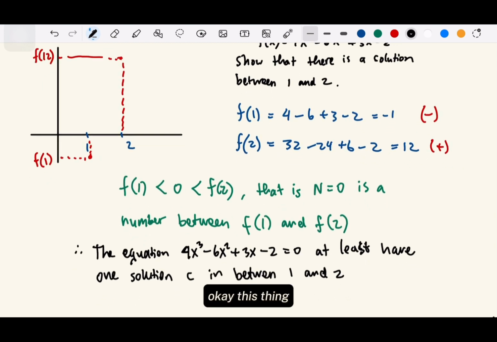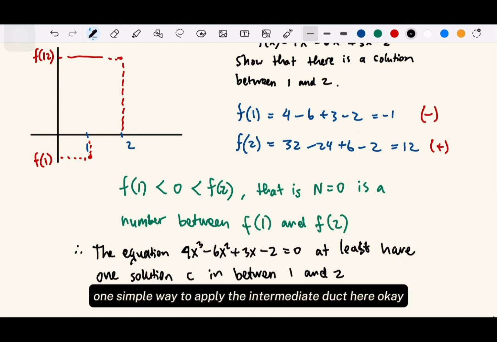Okay, I think this is one simple way to apply the intermediate value theorem.